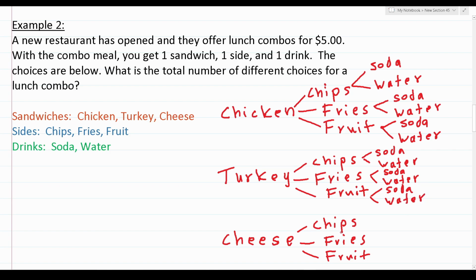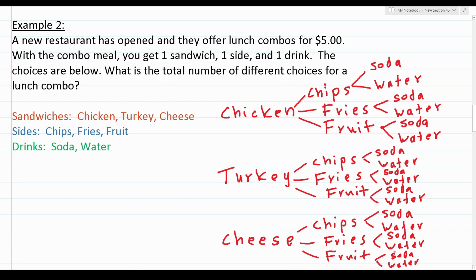And let's go ahead and finish this. If we have a cheese sandwich with chips, we can have soda or water. If we have a cheese sandwich with fries, we can have soda or water. And if we have fruit with the cheese sandwich, we can have soda or water to drink.